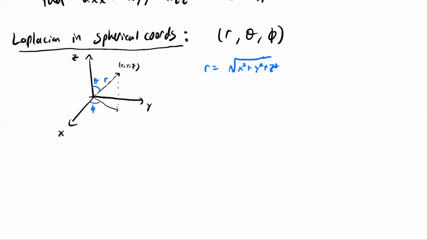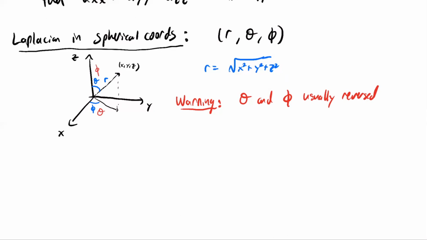Another thing I want to point out, as a warning, is that when you see other sources talk about spherical coordinates, usually theta and phi are reversed. Most books will use theta to describe phi here and phi to describe theta here.